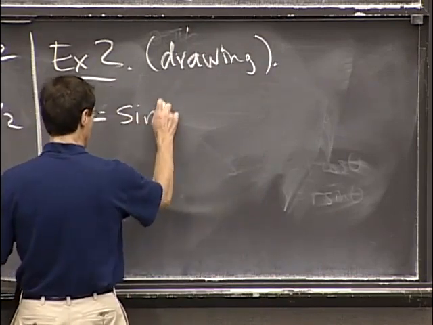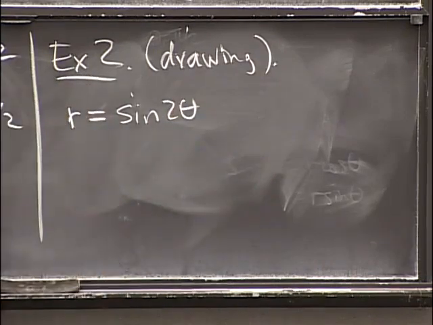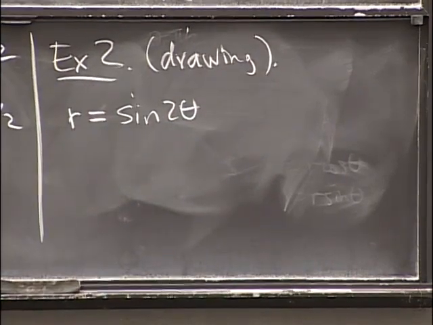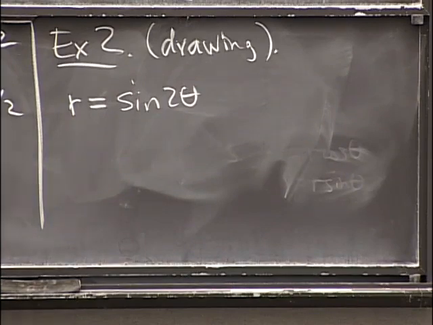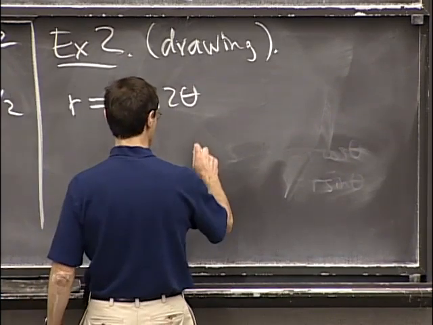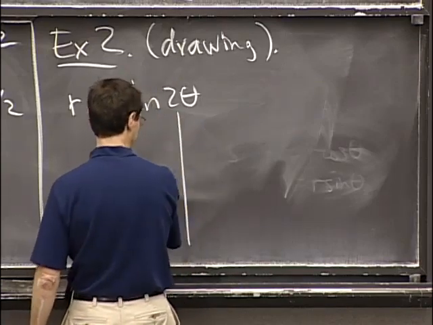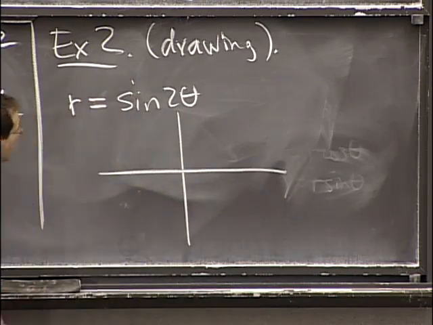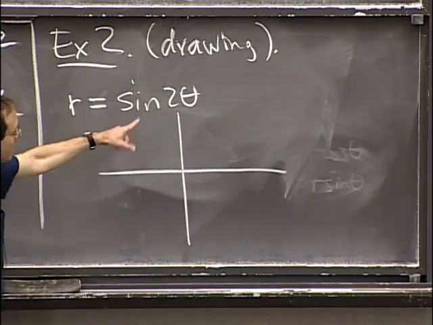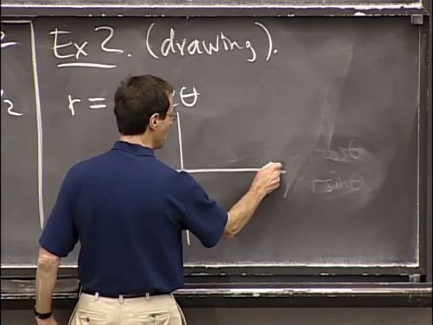So this one is one that's kind of fun to do. This is r = sine 2 theta. Something like this is on your homework. And so what happens here is the following. At theta equals 0, that's the first place.